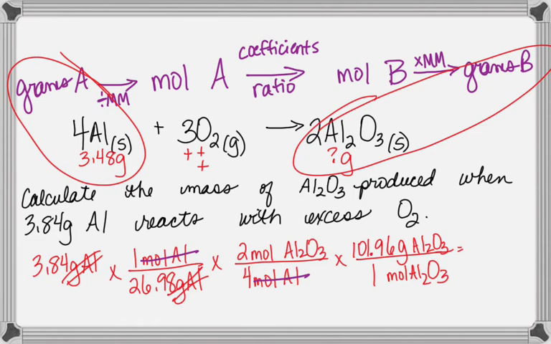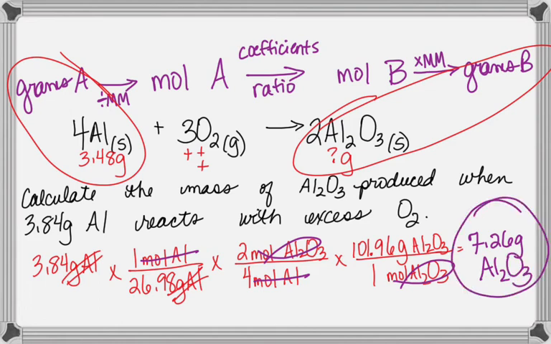And then at this point, the moles of aluminum oxide cancel, and we're left with an answer in grams of aluminum oxide, which I'm punching in now. I got 7.26 for my answer. Okay.